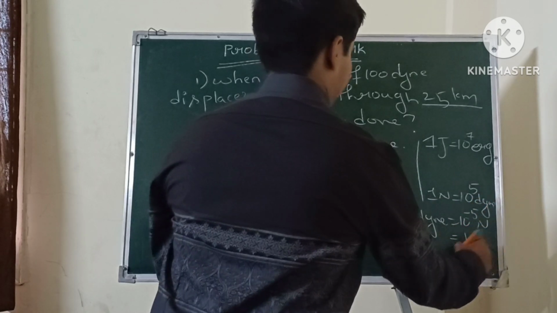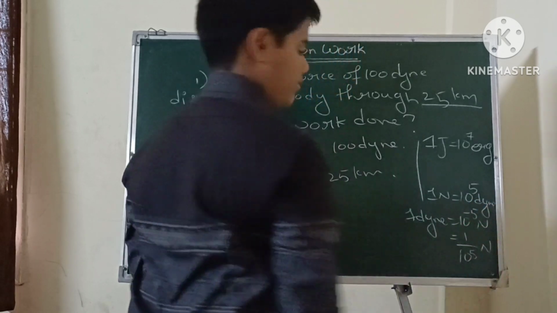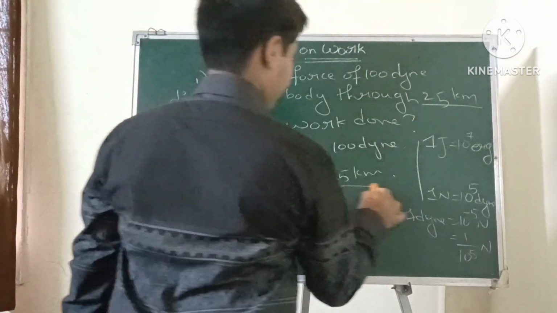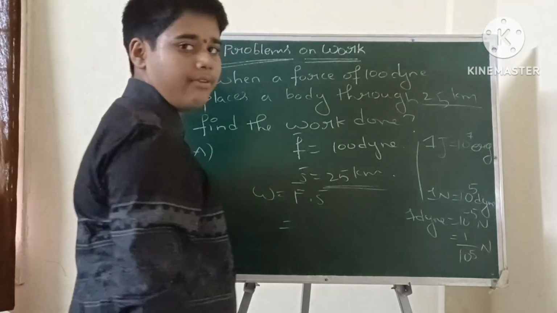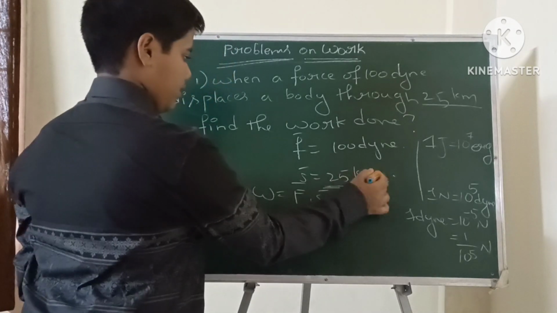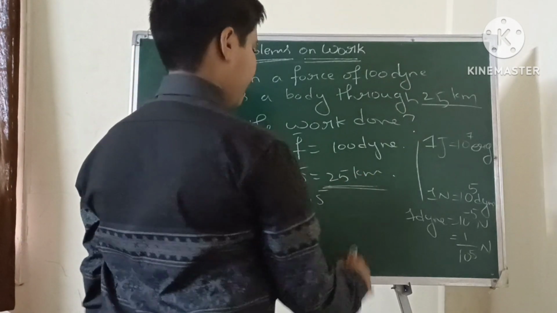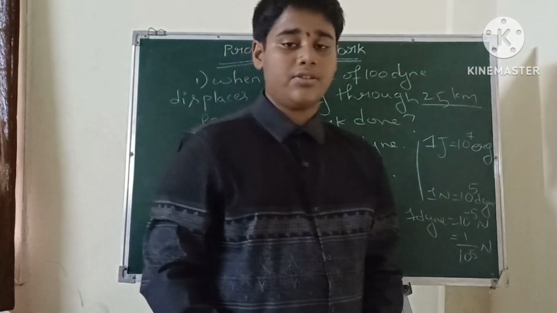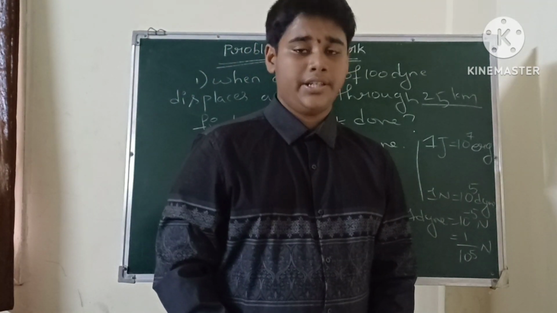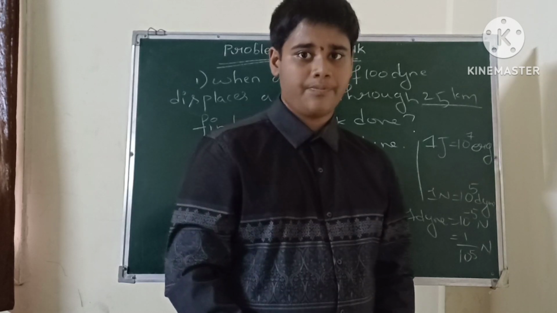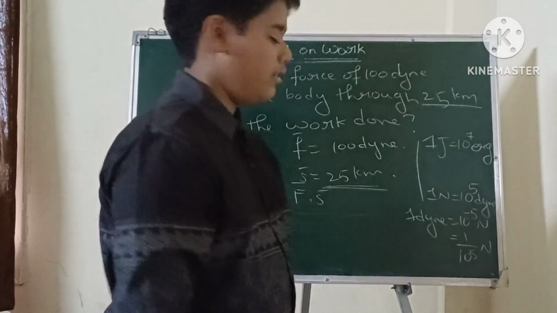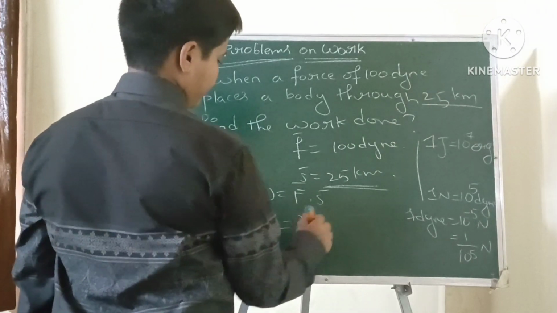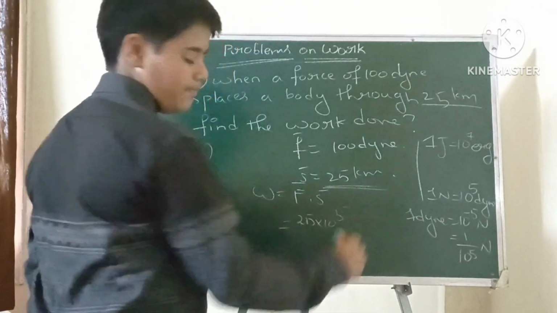For ease, I am taking displacement in centimeters. 1 kilometer is 1000 meters, and 1000 into 100 is 1 lakh centimeters, so 25 kilometers is 25 lakh centimeters.